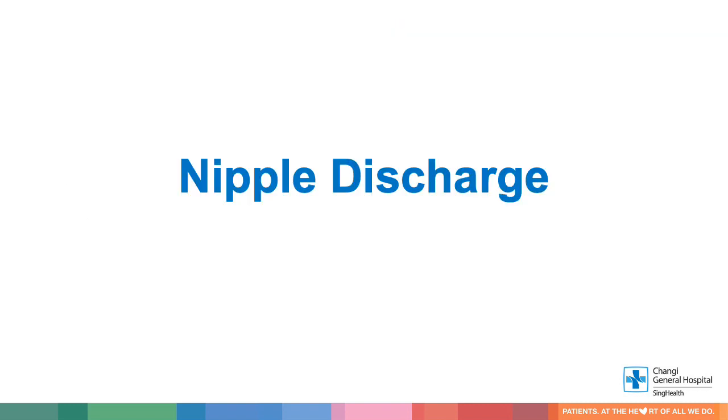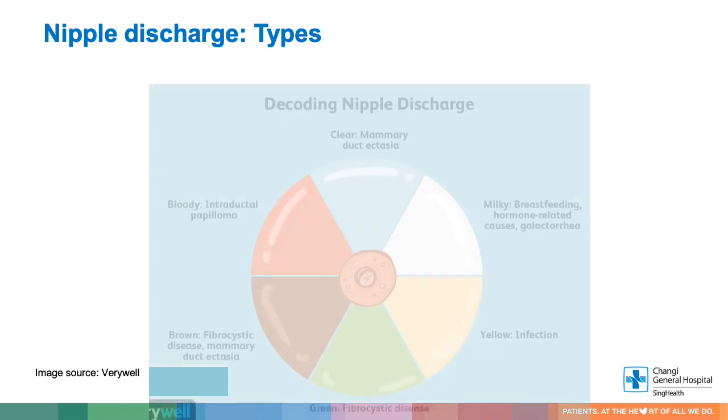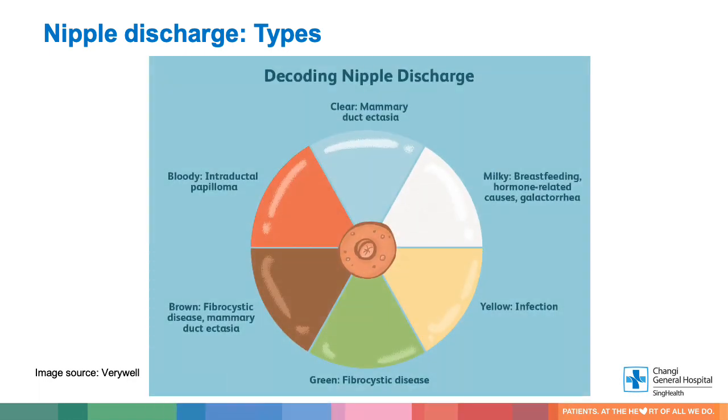So the second most common problem that we commonly see in ladies is actually nipple discharge. There are many types of nipple discharge. It can either be bloody, milky, or any other color such as brown, greenish, or blackish nipple discharge.